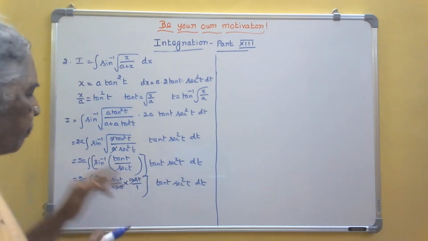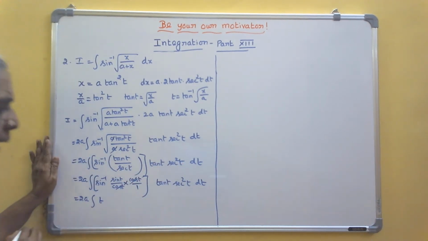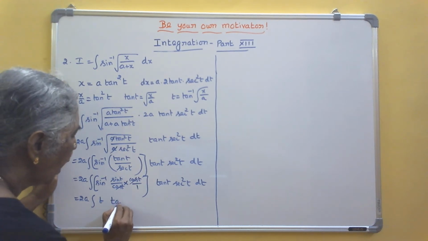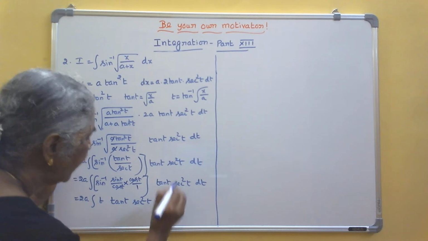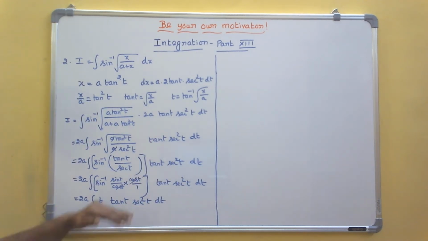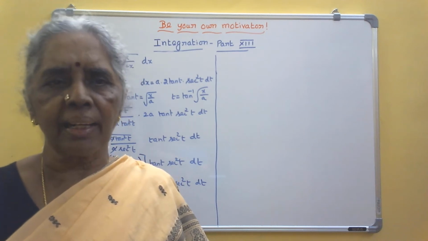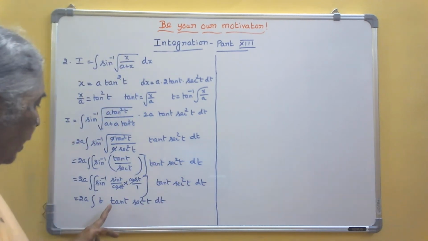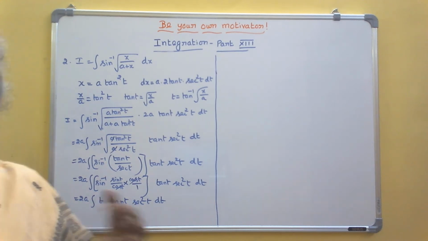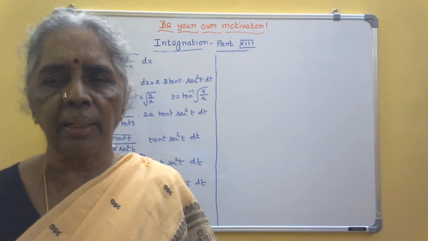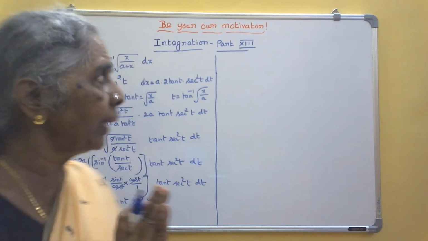That is t. So, you get your I is 2a, here you get t, then you have tan t secant squared t dt. So, when you come to this stage, you know now you have to use integration by parts. T is an algebraic function. Tan t secant squared t is a trigonometric function. So, we can use integration by parts.